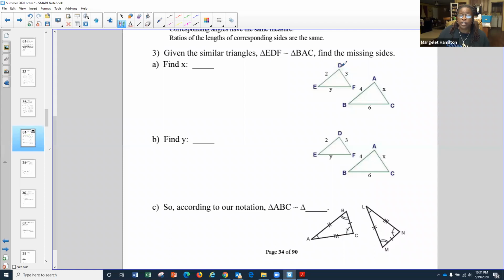What's important is making sure that we pay attention to what's happening here. Let's focus on solving for our x first. Remember, the lengths of our corresponding sides are the same. So I'm going to start off writing our letter sides first, so we can see exactly what we're doing. I'm going to relate side ED over BA.